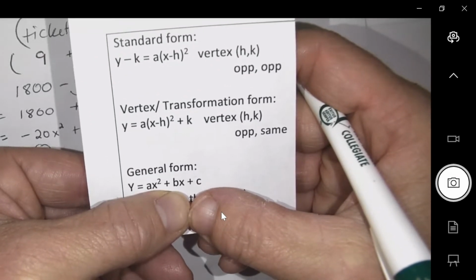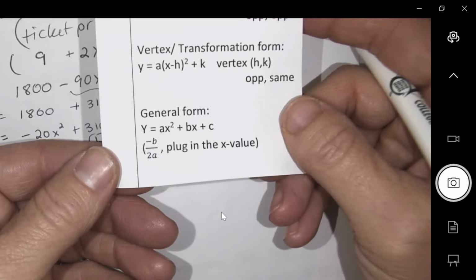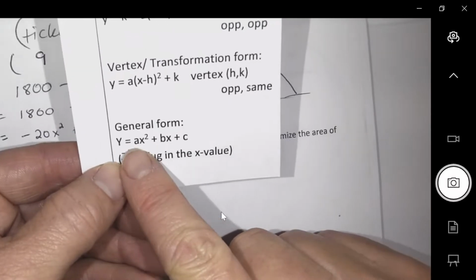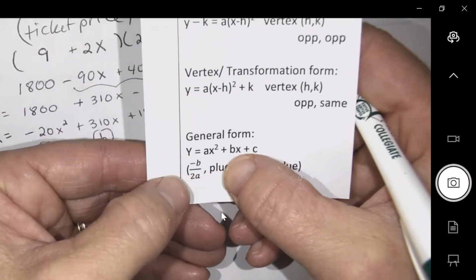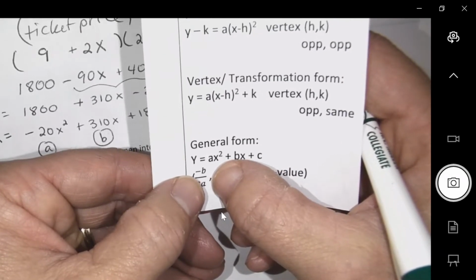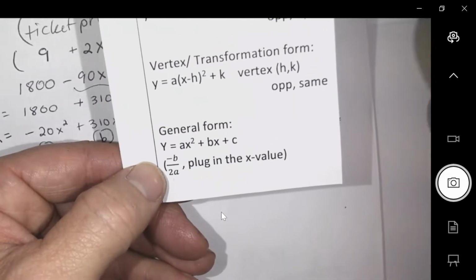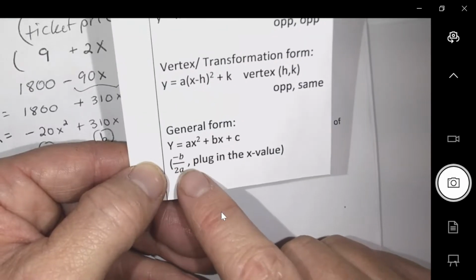Negative b over 2a. This little tiny formula is on your formula sheet, but I don't say use this when this. I don't say that, but I have this on the formula sheet somewhere and this on the formula sheet somewhere.